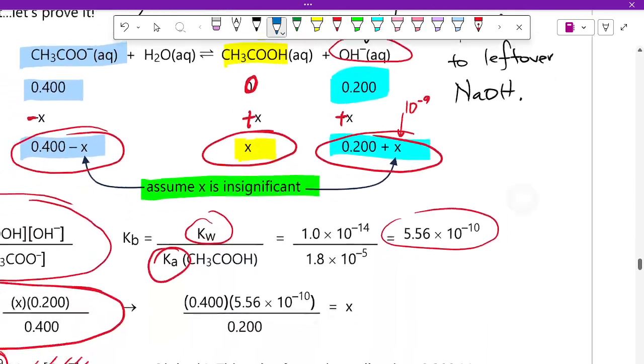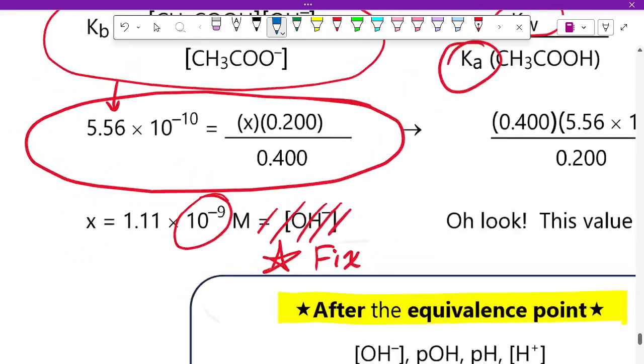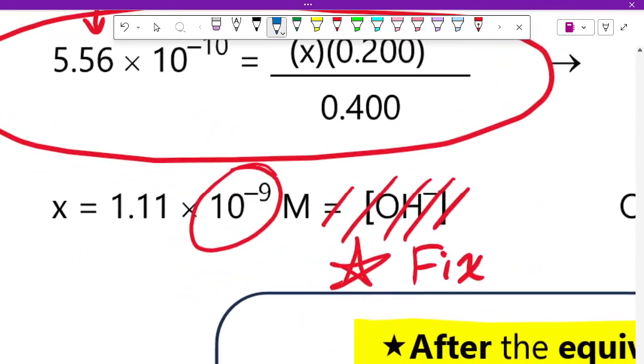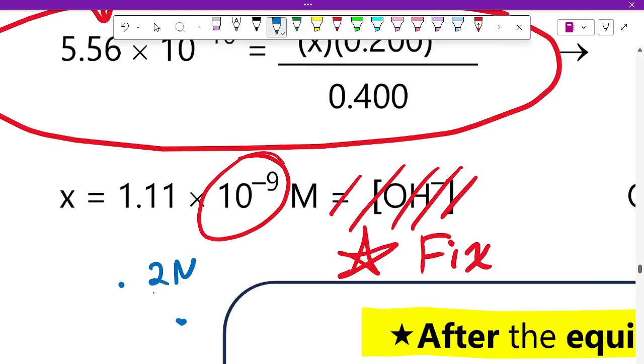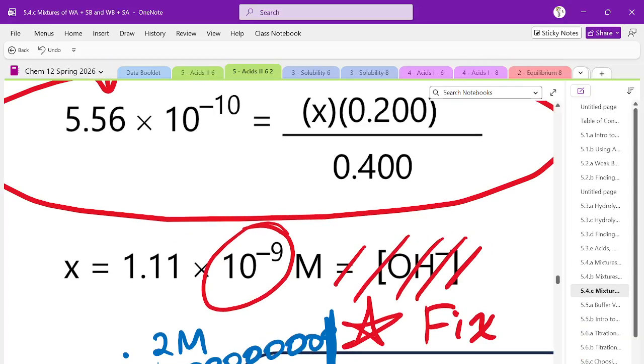No. We did the math and found that the extra OH minus was 1.11 times 10 to the negative 9 molar. Is that enough to make a difference? No, because compared to 0.2 molar, that's 0.00000001. Too small.